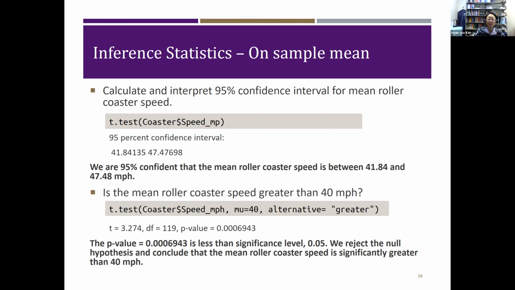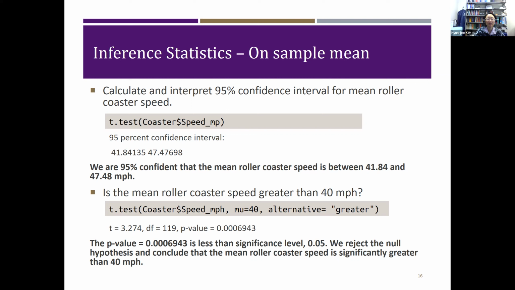The defaults of these options are 0 for mu and not equal to for alternative. In other words, if we omit those options for mu and alternative, it will do the two-sided test that the mean is equal to 0 or the mean is not equal to 0.